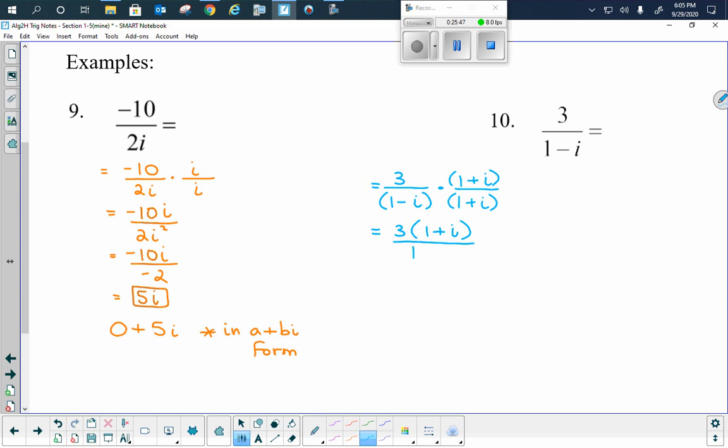I hope you're looking at that sort of like a difference of perfect squares. The outer and inner terms cancel: 1 times i and negative i times 1 will cancel, and you're left with just the negative i times the i, which is negative i squared.